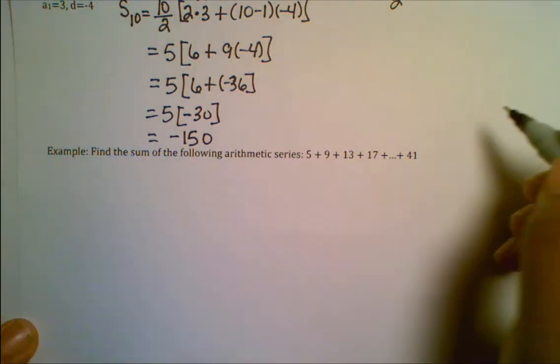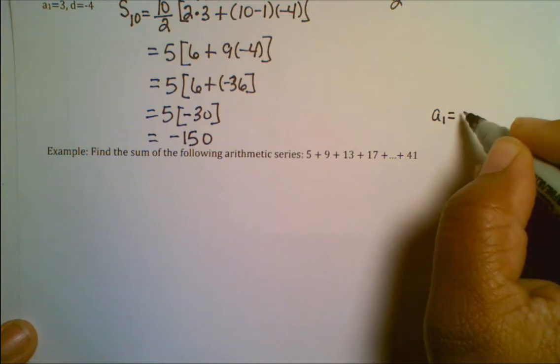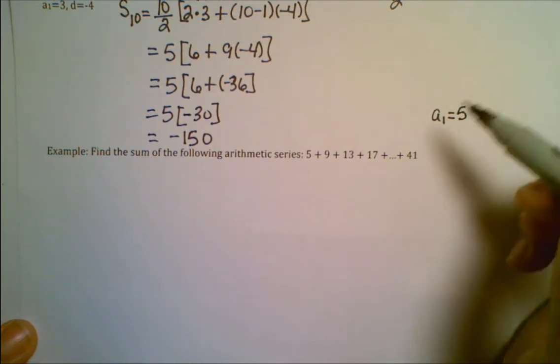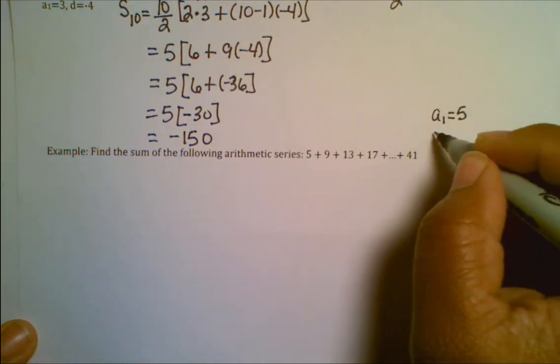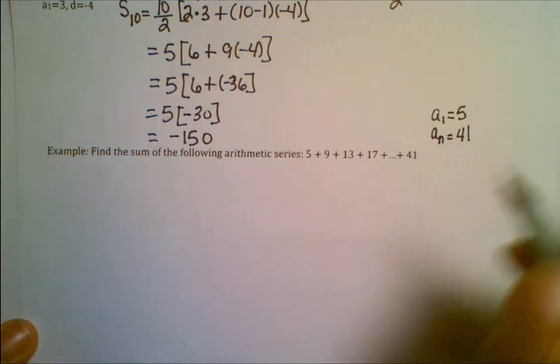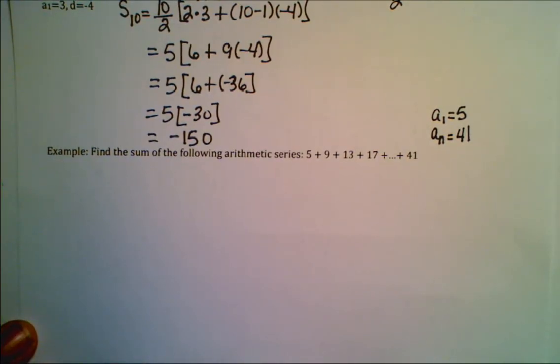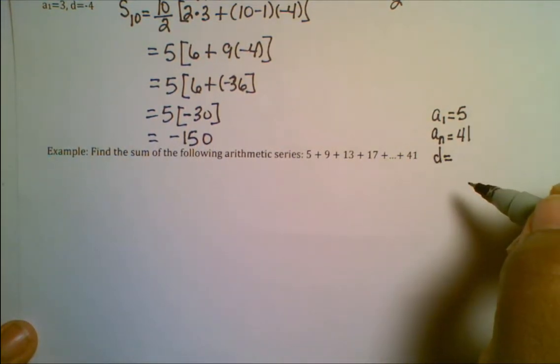We're given the first term. Well, the first number we see is 5, so that's our first term. And we're given the last term. The last term is 41. And then also, we want to find the common difference.